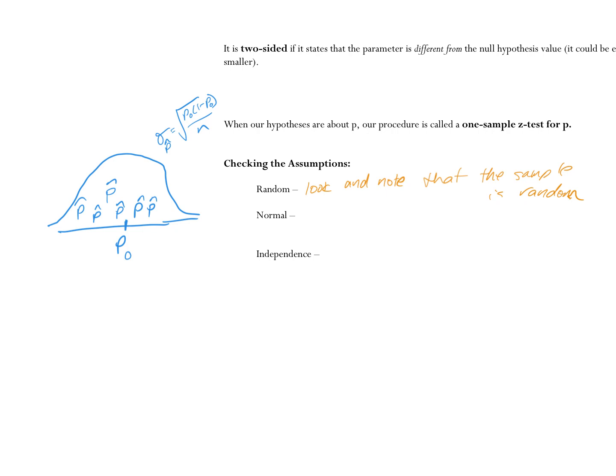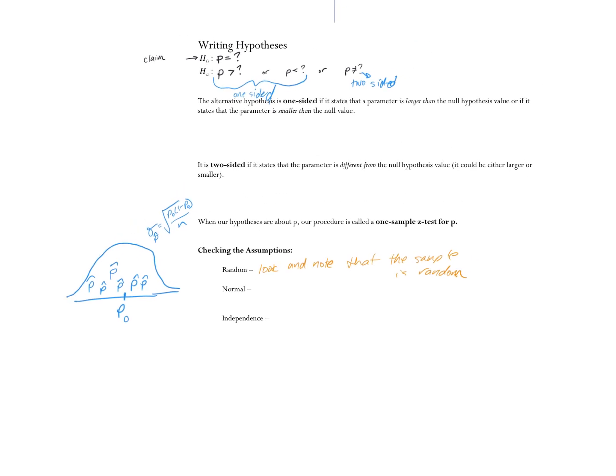Okay, so it's still going to be a version of np and n times 1 minus p. When we have no hypothesized value for p, we use p-hat. In this case, we have a hypothesized value for p, because we do this whole thing assuming that the null hypothesis is true. So the normal condition will be n times p null and n times 1 minus p null has to be greater than or equal to 10.